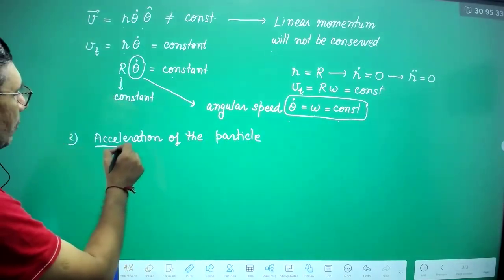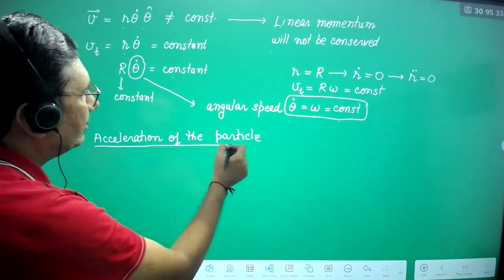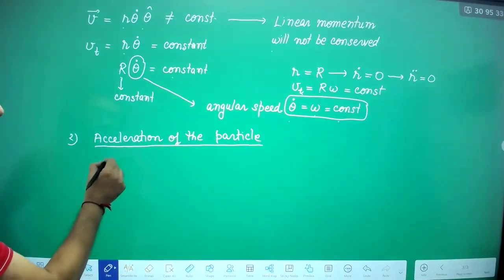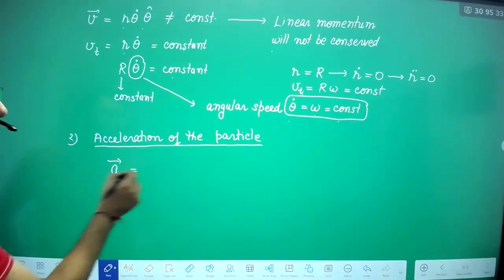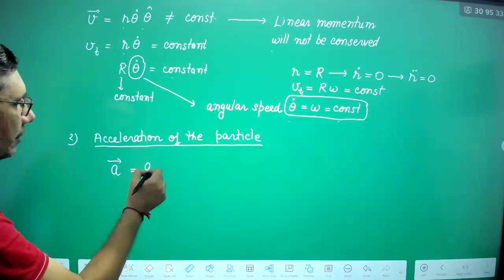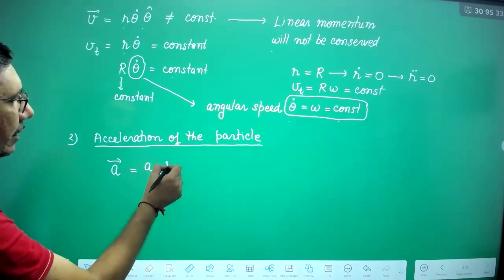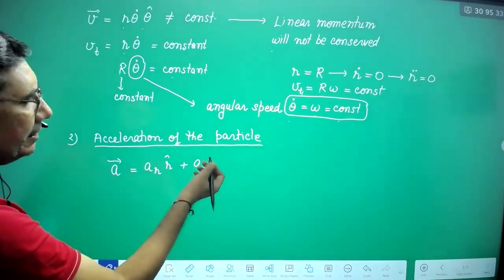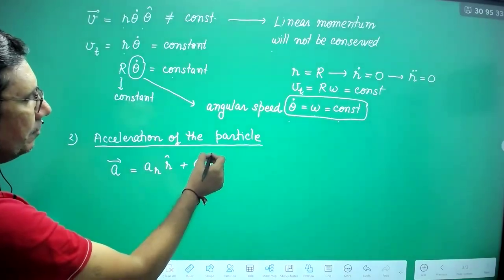Now you know the expression of acceleration in terms of polar coordinates. Acceleration will be equal to the radial component AR r cap plus AT, or A theta, whatever you like, theta cap.